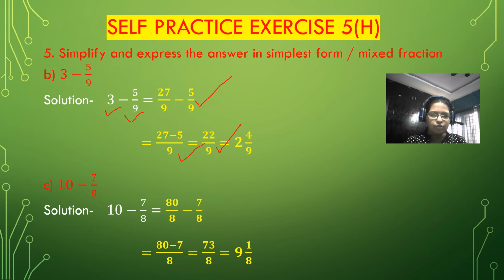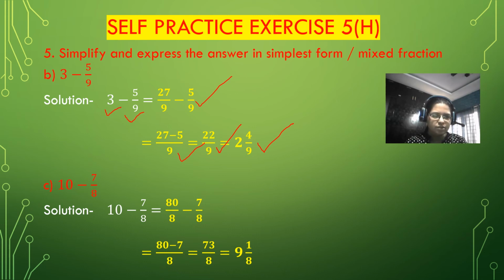So 22 divided by 9 equals, mixed fraction is quotient, remainder divided by divisor. Quotient is 2, remainder is 4, divisor is 9. So we get 2 and 4 divided by 9. So 3 minus 5 divided by 9 equals 2 and 4 divided by 9.